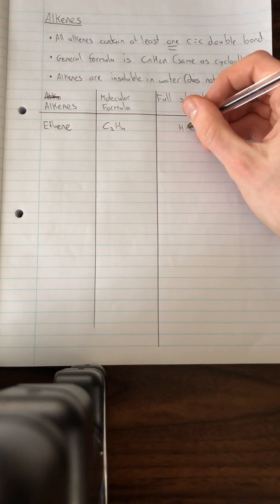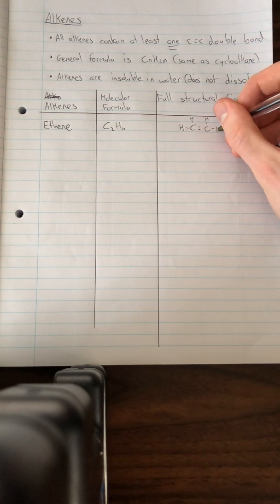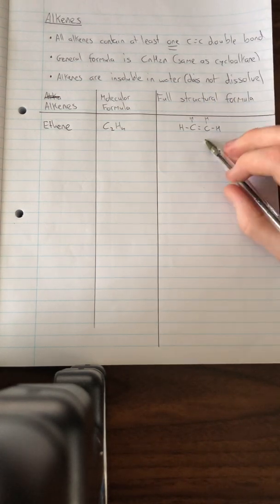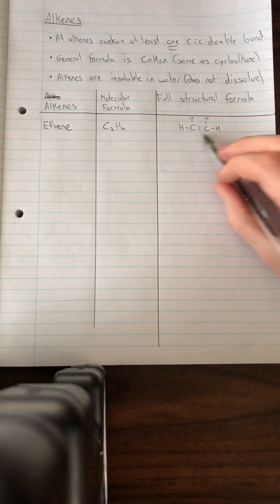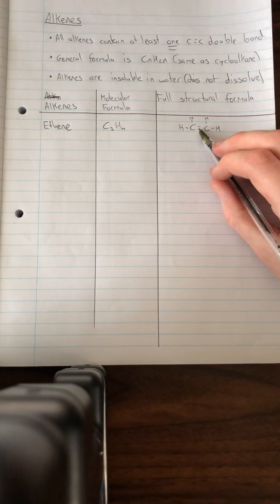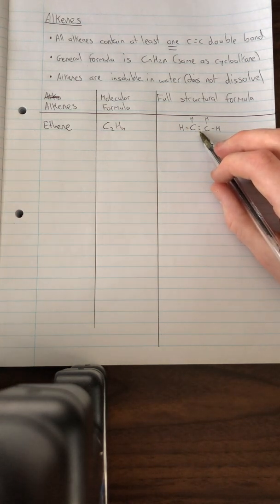And we've got 2 hydrogens coming out of each carbon, because remember each carbon can only have 4 bonds, so that carbon's got 1, 2, 3, 4. That carbon's also got 1, 2, 3, 4. Remember the double bond counts as 2 bonds. Okay?